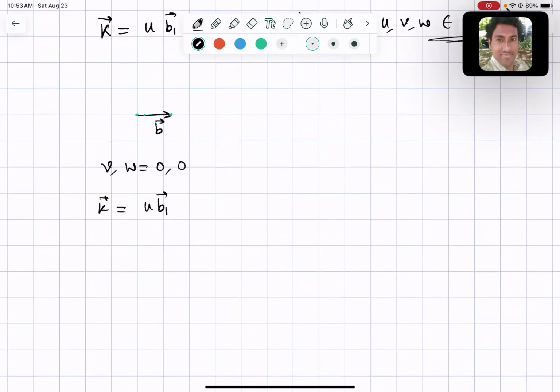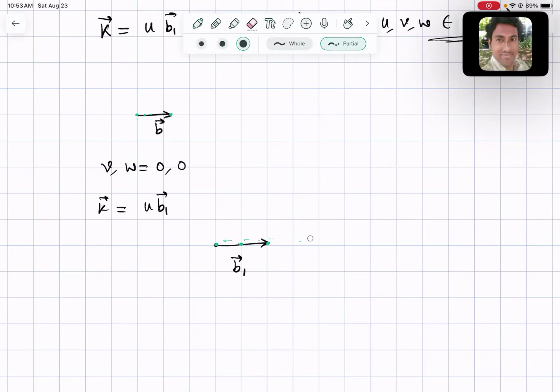So if u is 0, then k is 0. You are at the origin. If u is 1, then you are here, if this is the b vector, b1. If u is half, then you are here in the middle. That means you can go to any point on this b1 vector, going beyond this is not possible. Does that make sense a little bit?